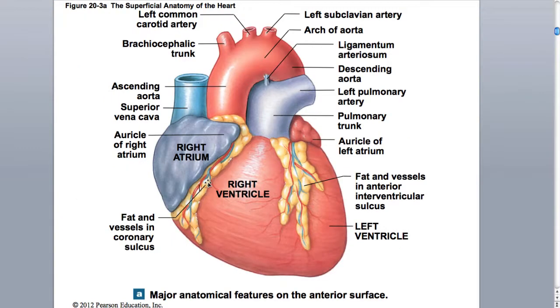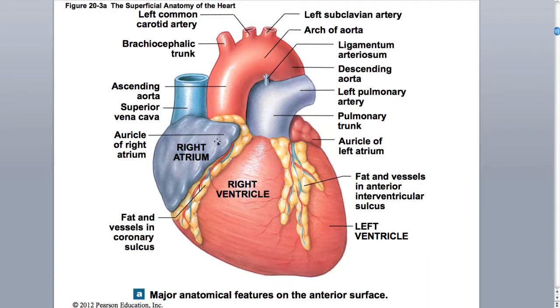This is what I was saying, that it's really important to know the model. This slide is found on page 673. You will need to know the items that are labeled on this slide. Now in the lab days, make sure you actually hold the model of the heart and study these locations.